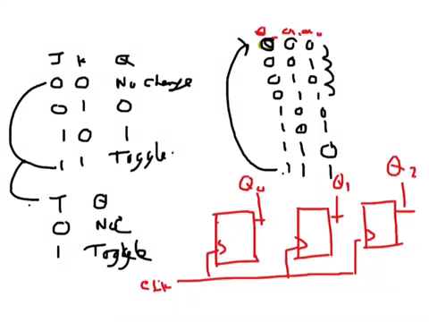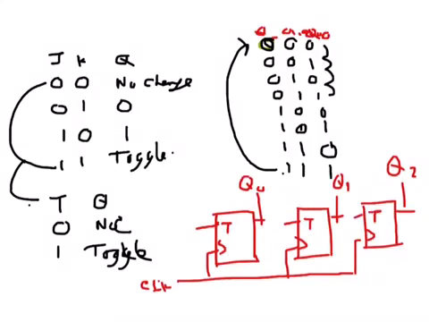Now when I look at the first one, with each clock Q0, the least significant one, the output changes. So essentially I want the input T here, and T here, and T here.